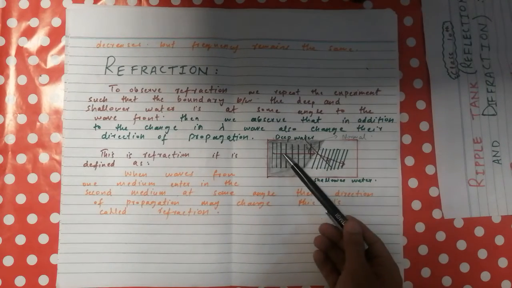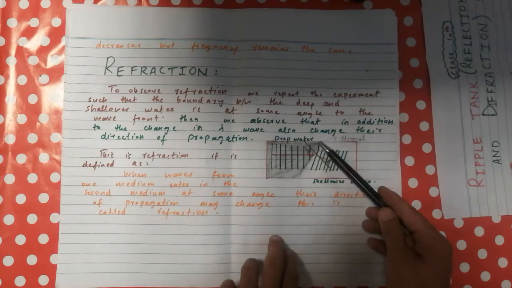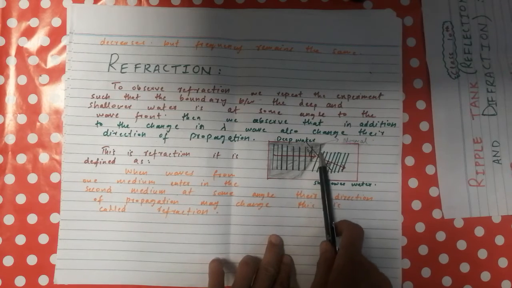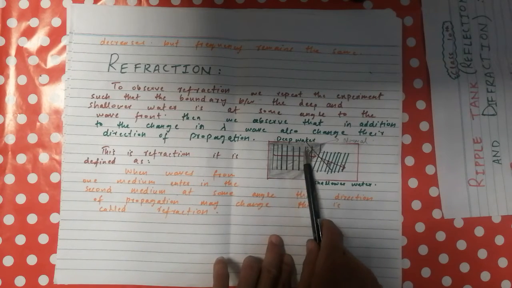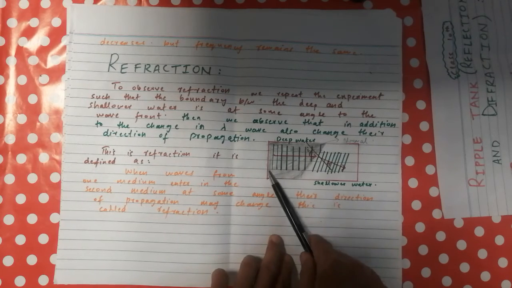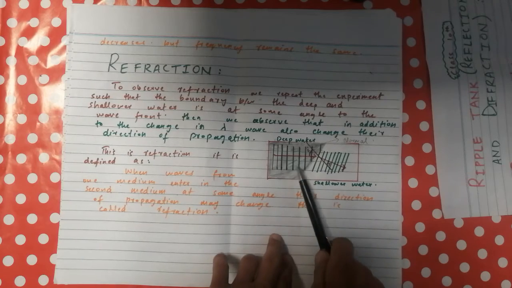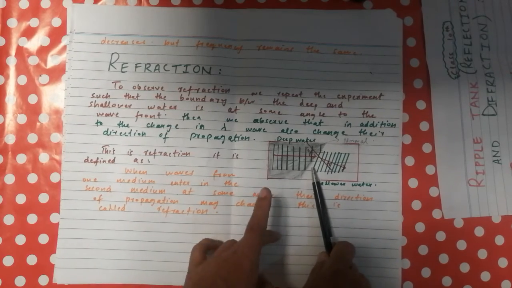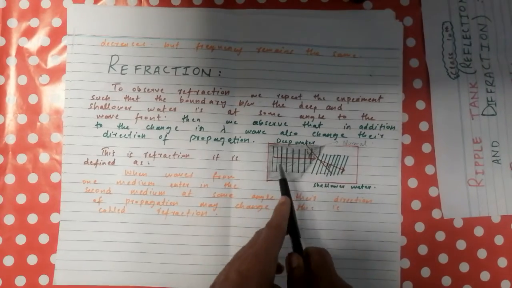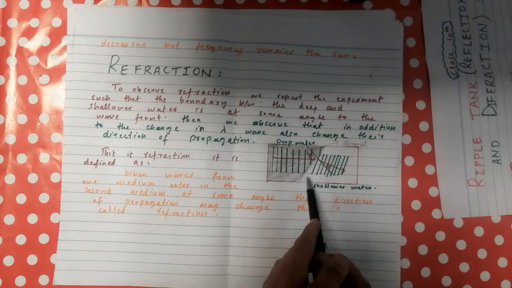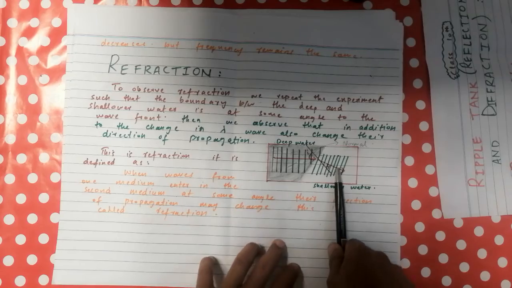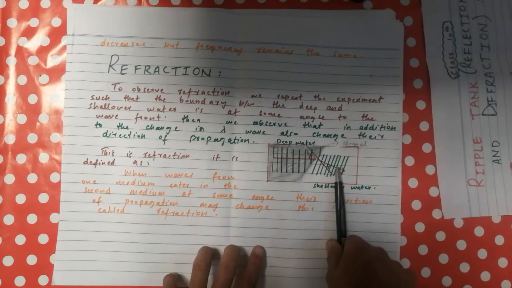This is the deep water and this is the shallower water, and this is the boundary between deep and shallower water, which is at some angle to the incoming wavefronts shown by green lines. When these wavefronts reach the boundary, after emerging from deep and entering shallower water, they change their speed as well as their direction of propagation.